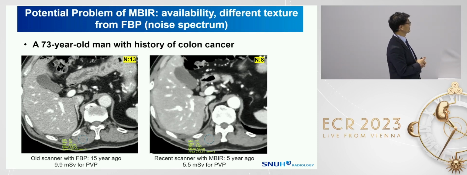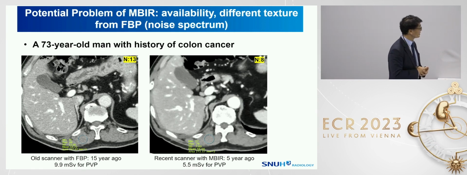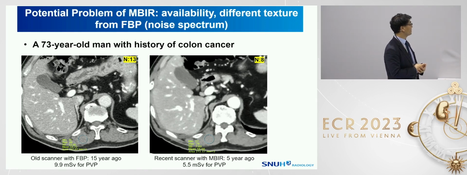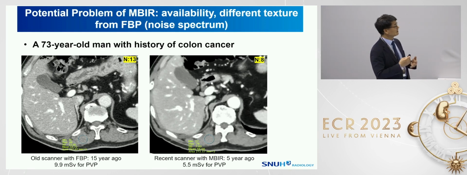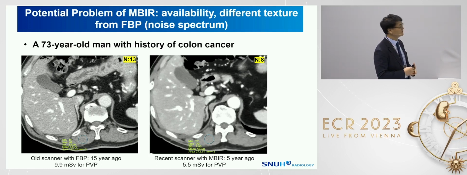Noise level was 13. Another follow-up scan was done on a recent scanner, and the radiation exposure was 5.5 millisievert. Even though the radiation dose is half, the noise level is 8. So it can effectively reduce image noise. However, if you compare the image quality, the noise pattern is different.